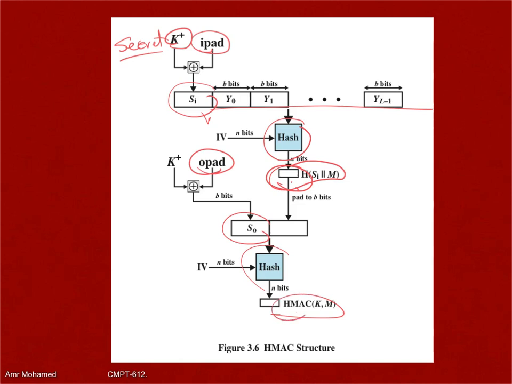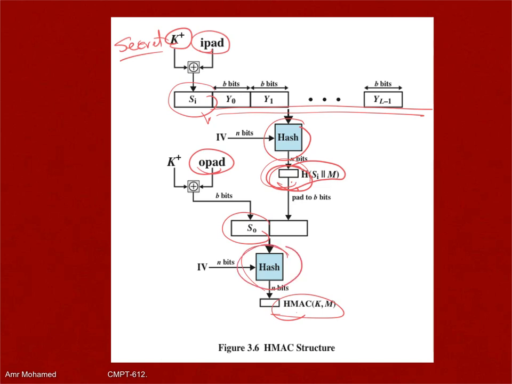Why two steps? I really don't know. There is a meaning to it. But remember, the first step is done on the entire message. The second step is only based on the produced hash, which is very small.